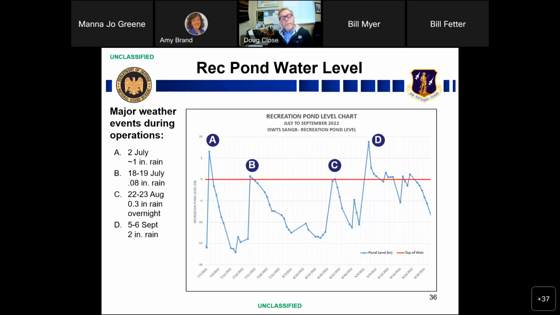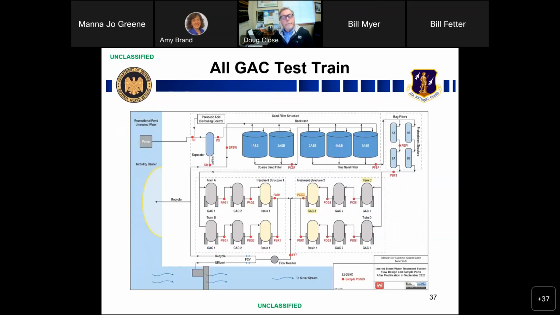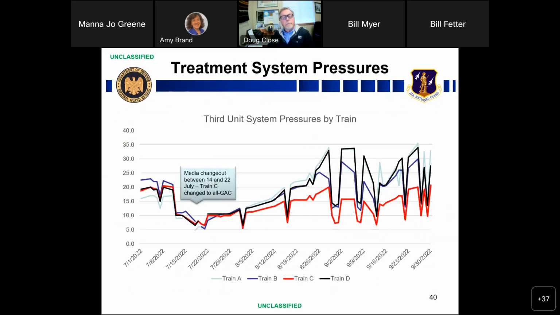Okay. Thank you. Now, next to slide 40, which shows the pressure. Just to be clear, you're increasing that pressure to maintain a reasonable flow. Is that correct? No, we are running into pressure from back pressure, from restrictions. So your media becomes impacted.